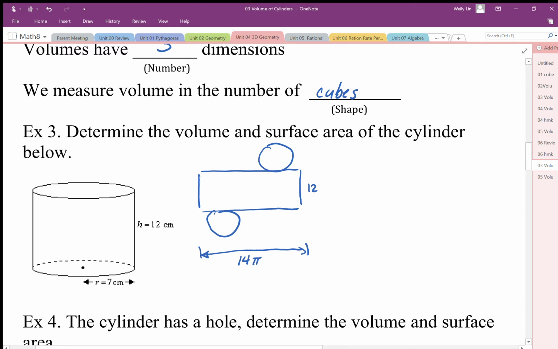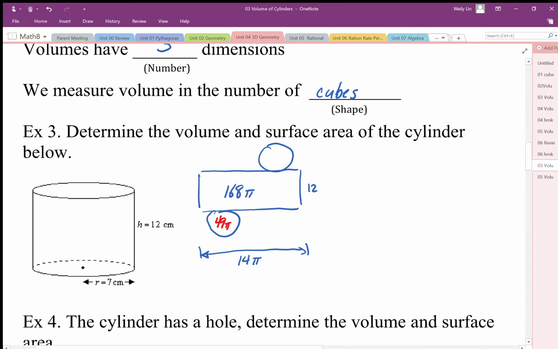Since the radius here is 7, we're going to square the radius, and we're going to get 49 times pi as the area of the circle. And when we work out the area of the side surface here, we have 12 times 14. That's going to give us 168 pi.